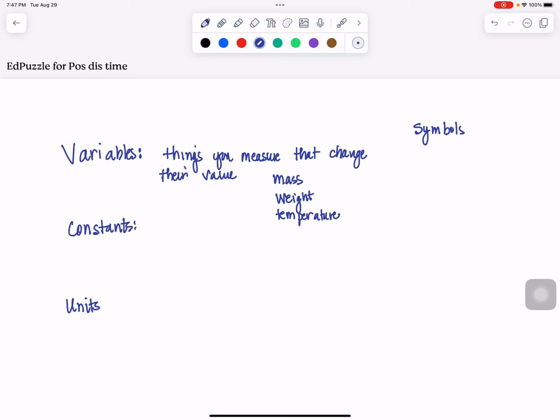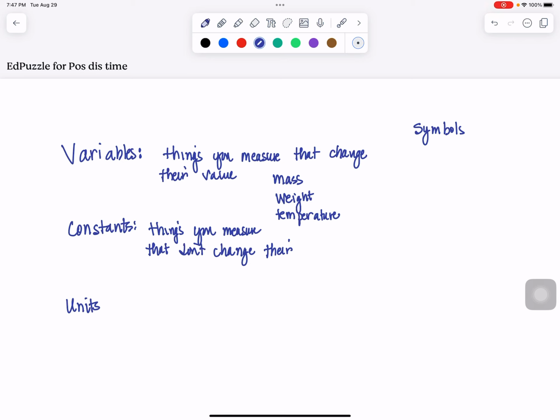Now, there are also these things that you measure that don't change their value, and those are called constants. I should have written this out.